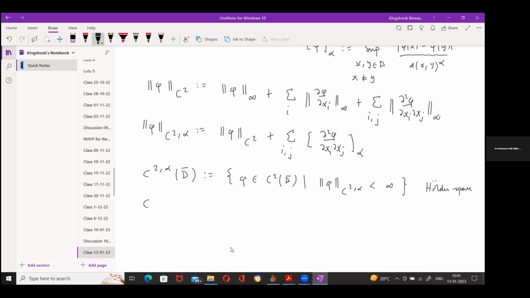Similarly, I should just say there's a C alpha norm. So C alpha of D closure is the set of phi in C0 of D closure such that the C alpha norm of phi, which is defined to be the sup norm plus the Holder semi-norm of phi, is finite.